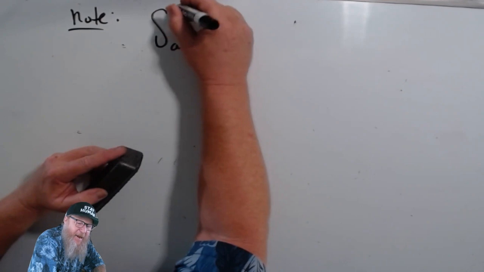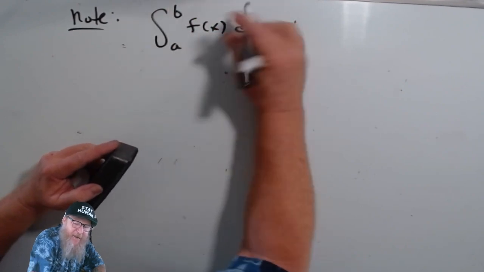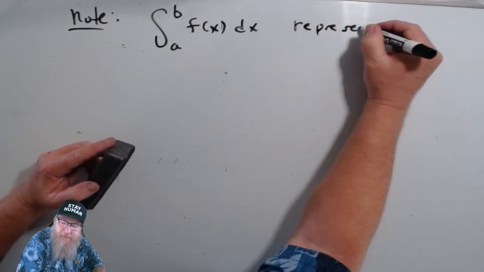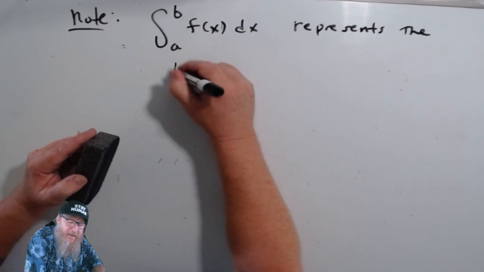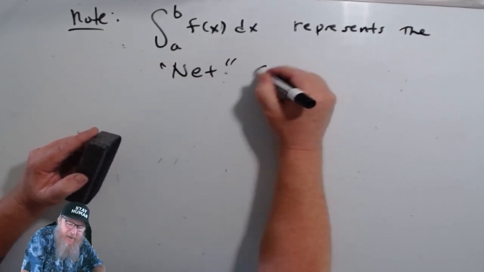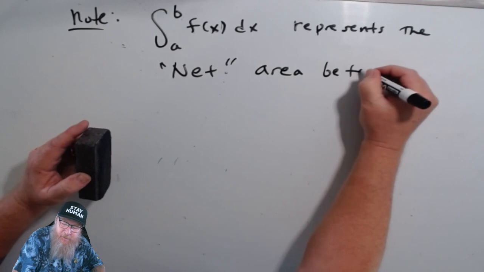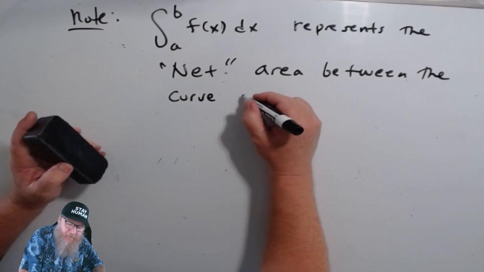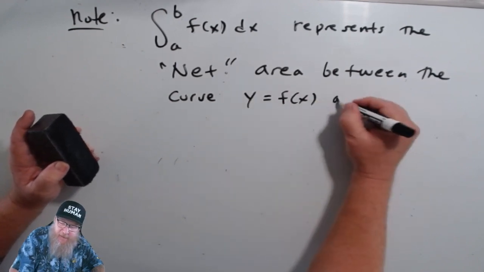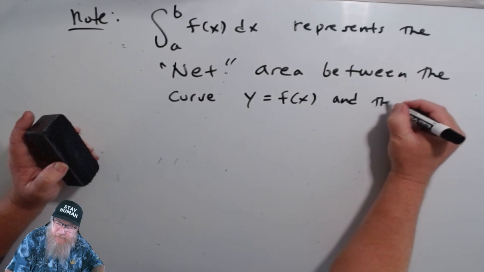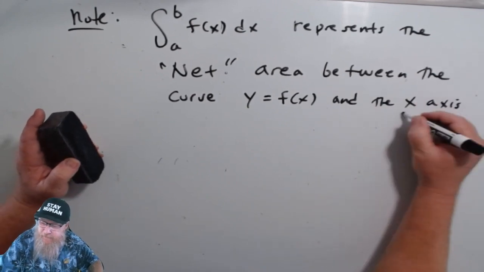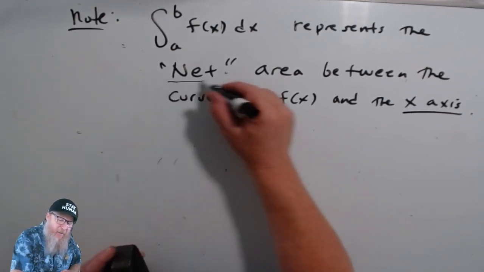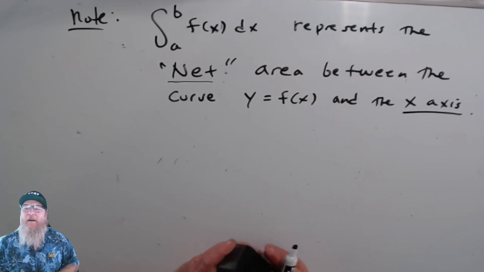The integral from a to b of f of x dx represents what's called the net area between the curve y equals f of x and the x-axis. So the net area, we're going to talk a little bit about what net area is now.